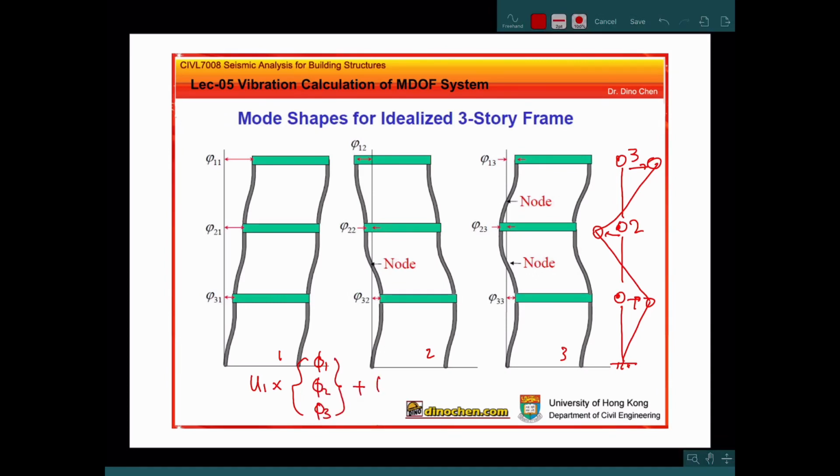And plus u2 is a vector by the second mode. 1, no, 3. This is the second mode, this is the first mode. And the third one also, we just can superpose these 3 different mode shapes to describe the final displacement.